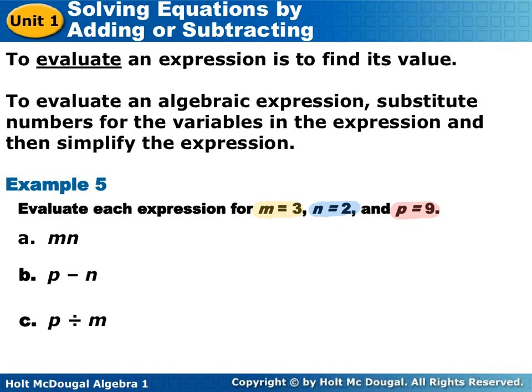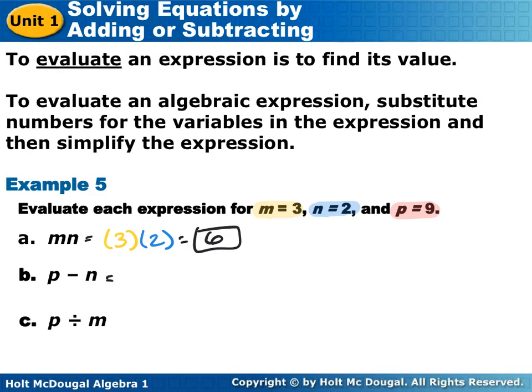So, as we look at these, instead of saying MN, we've actually got to plug it in and figure it out. All right? So we know that M is really 3. And N is really 2. If you solve that, 3 times 2 is 6. Good job. All right. Same thing with this next one.